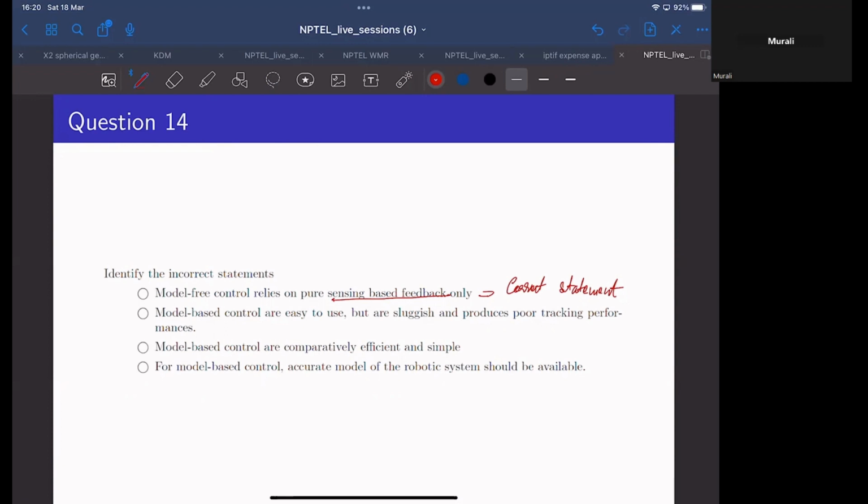If you are using a controller that is purely based on the model, and the initial conditions of the desired and the actual trajectory do not match, there will always be an offset. And if there are external disturbances, the robot will have no means to get back to the desired trajectory. But again, model-based control is not at all sluggish. That is an attribute of motion-based or sensor-based control. So this is an incorrect statement.